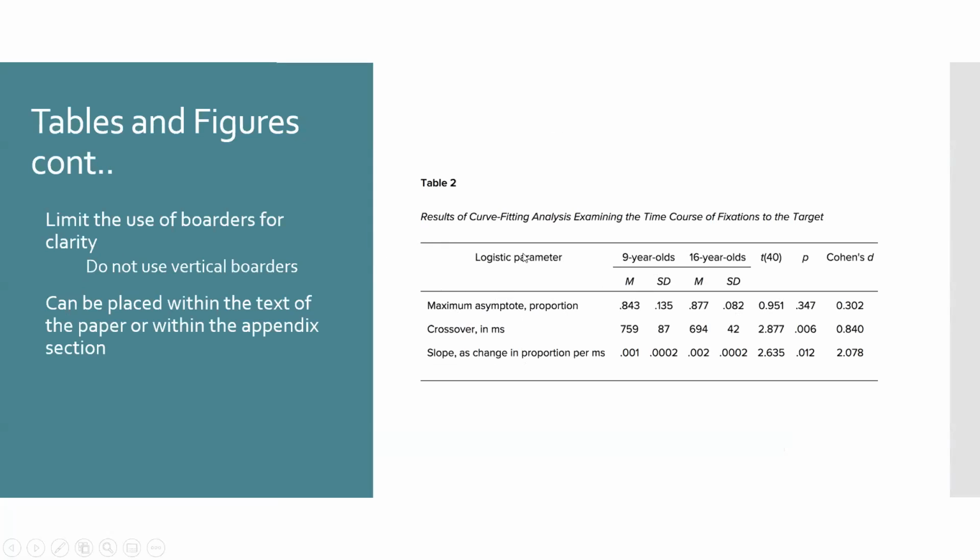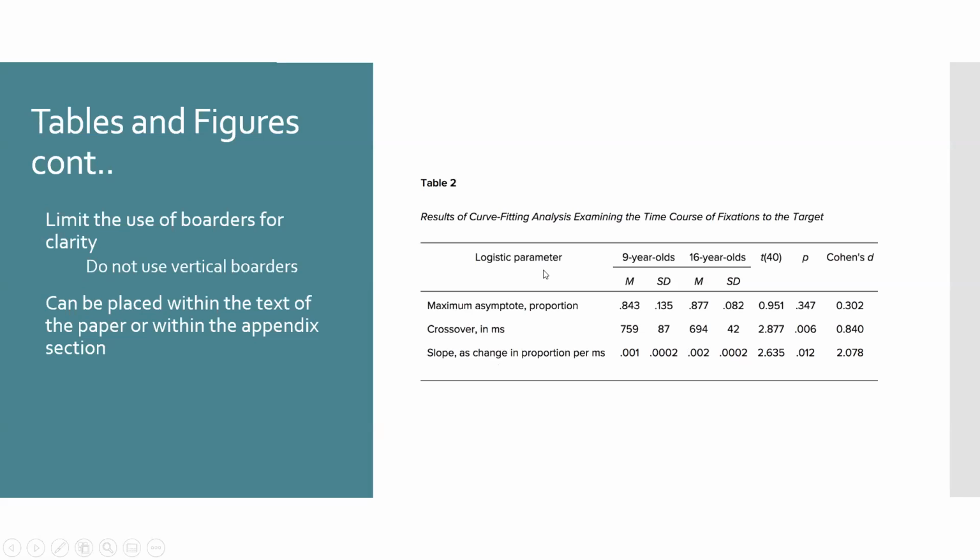As a rule, the only horizontal borders you should really have are at the very end, so this bottom border here, and then a border at the top, and then a border to denote between the heading and the actual body of your table. So as you can see, between these two variables here and these two variables here, there are no horizontal borders.